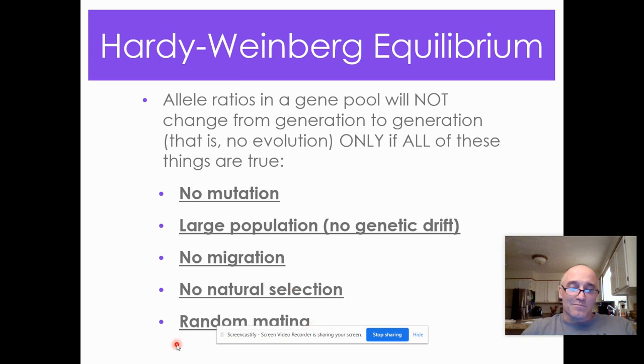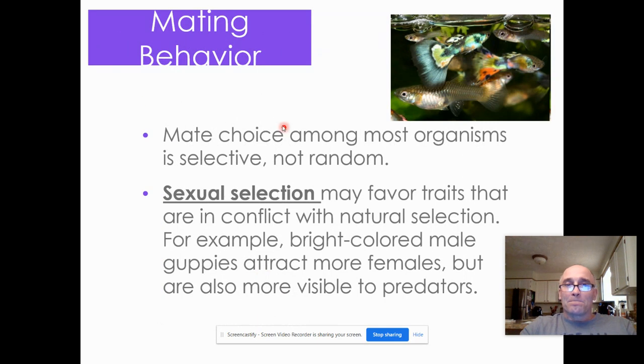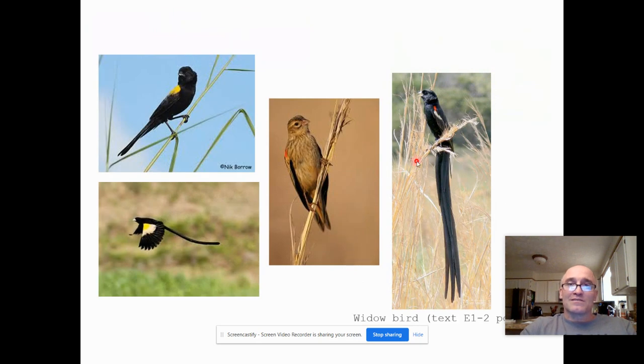And lastly is random mating. There's never random mating, especially in animals. There's always going to be selection of mates, which is going to mess up the allele frequencies and cause a population to evolve. And usually you can see this where typically the males of a species are brighter and more flamboyant than the females, because the females are the ones choosing the mates.